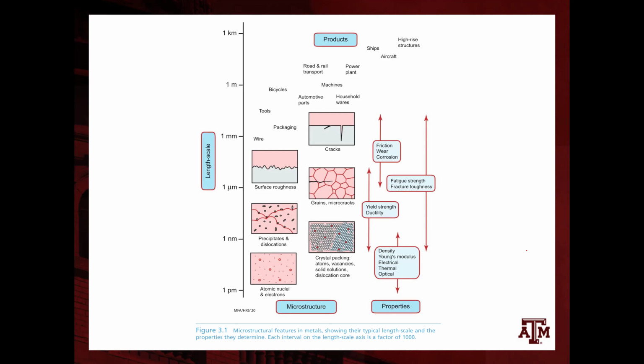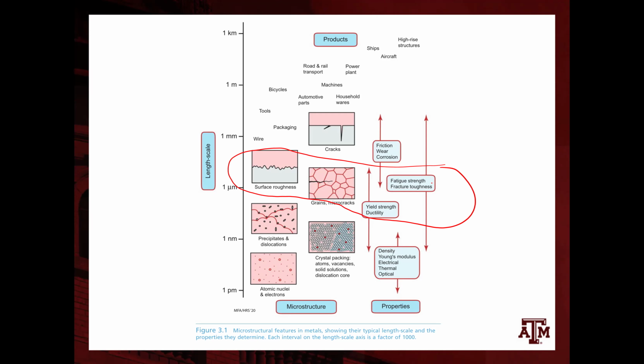But at what we call the micron scale, that's where you see microstructure features like grains, grain boundaries and interfaces. And we're going to discuss those in detail as we go on in this course. We cannot see this with the naked eye, but we can see it under the microscope.